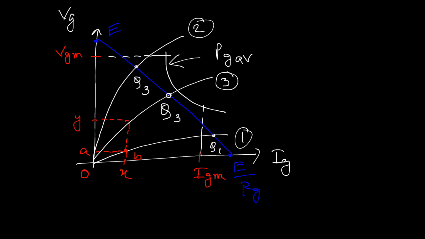And the slope of the load line, which can be represented by, suppose, this point A and this point B. So the slope of the load line can be defined by AB equal to OA by OB.